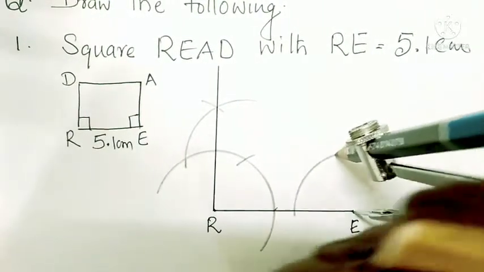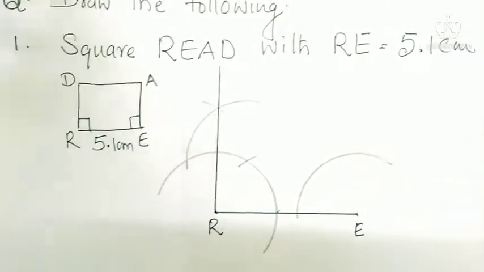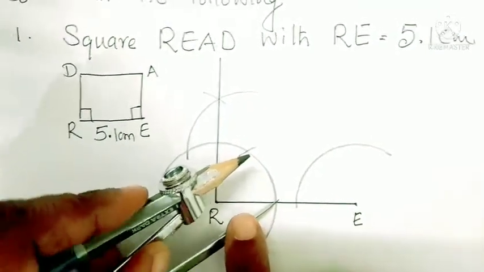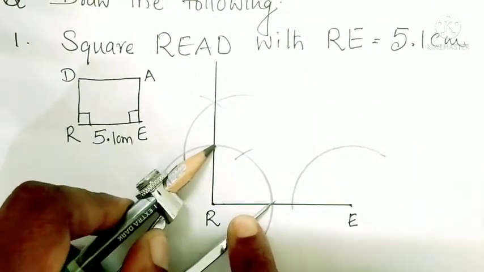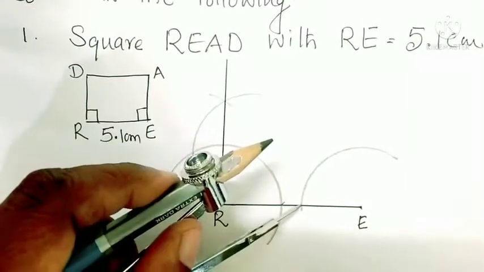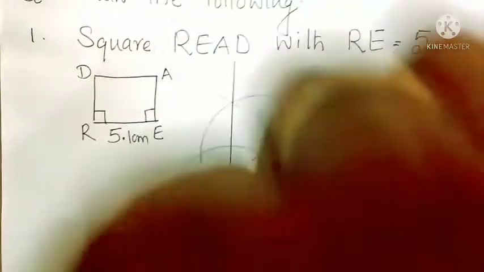Draw one big arc, and then you see, take this distance from here to here. If you see this distance, and then draw the same here.